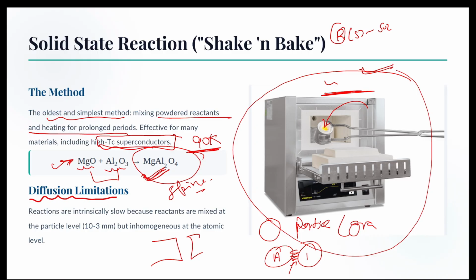Let's say we have reactants A and B. The nuclei of the crystal are going to form here. After some time, as the reaction progresses, these two reactants get separated. But we have methods to counter this limitation.